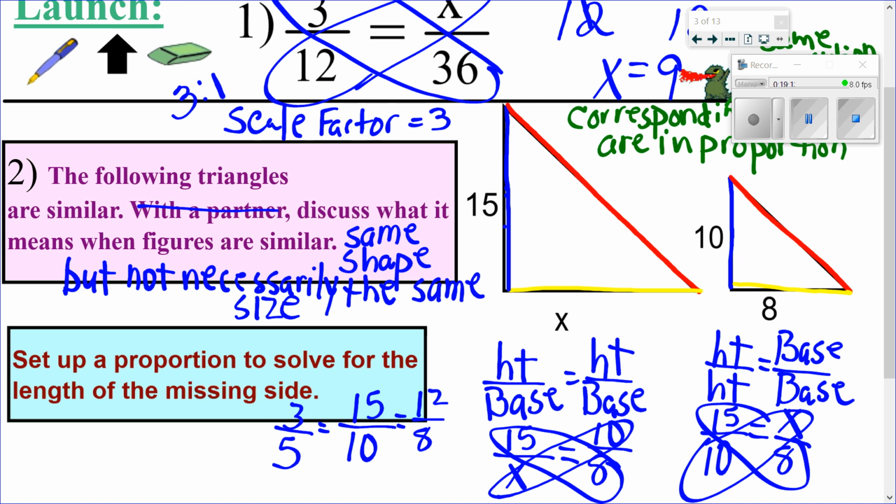So 12 divided by 4 equals 3, and 4, oh, and I'm sorry, I made a mistake. When I divided the 10 by 5, it should have been 3/2. Sorry. So this equal ratio is 3/2. Little mistake there. And now 8 divided by 4 is 2. And there are their equal ratios, 3 over 2 and 3 over 2.